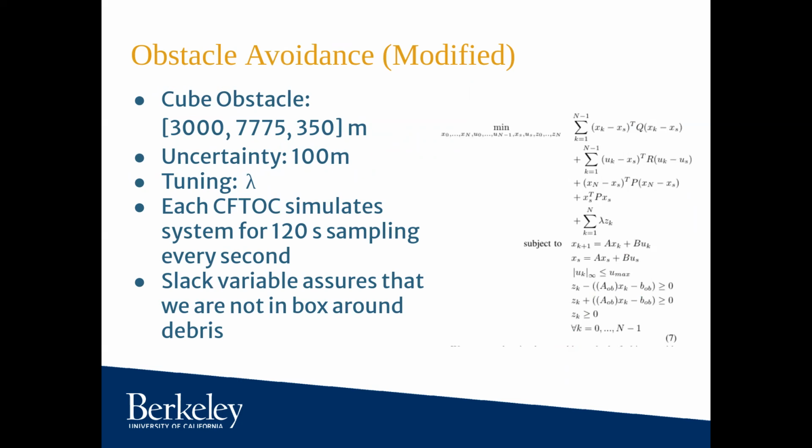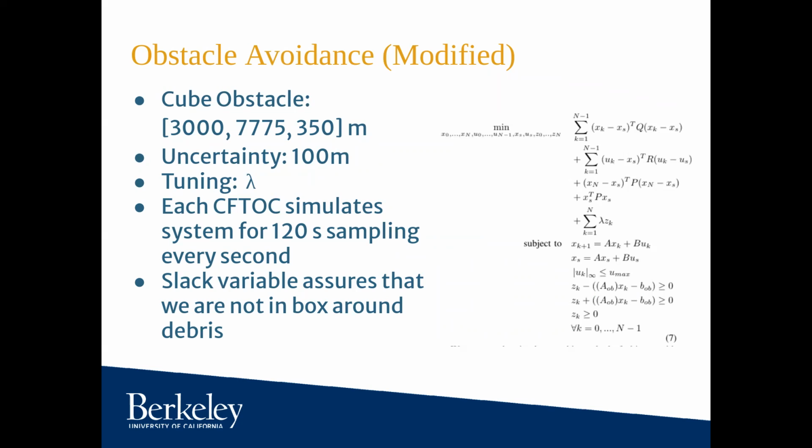So it would make sure that at least one of the box constraints was not met. With the infinity norm, you'd be able to make sure that in each time step, you're violating at least one of the constraints that would keep the spacecraft in the box.